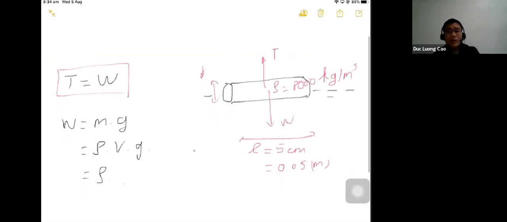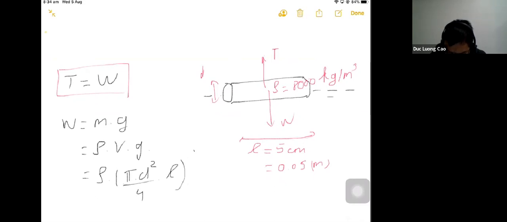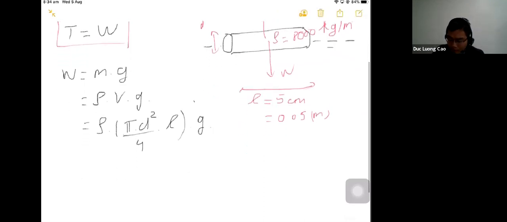The volume of the needle will be equal to pi d power 2 over 4 times L. Z is the width of the needle. And the surface tension force. Okay, now, do you remember how to find surface tension force T?